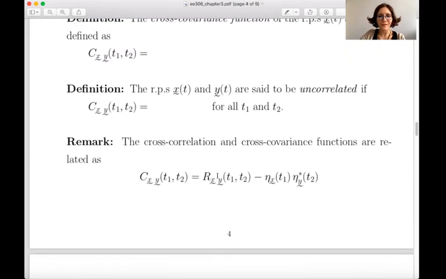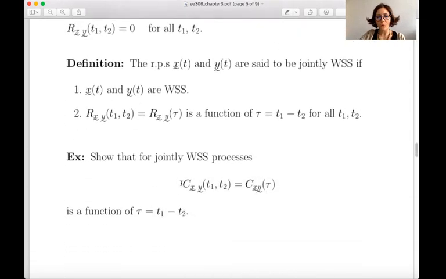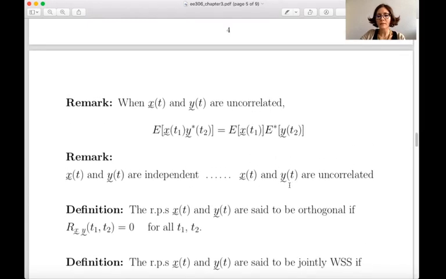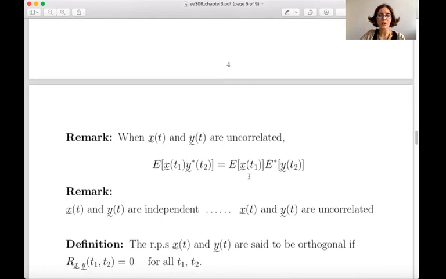So let's see why. If you remember the independence definition, for two random processes to be independent, if you are able to call them independent, it means that any random vectors x and y that you form in this way, no matter how many random variables you plug in, have to be independent random vectors. Now, if you think about when you have the right to call two random processes uncorrelated, you should just be able to do this decomposition. Uncorrelated involves only two random variables: you look at x at a single value t1 and y at a single value t2.